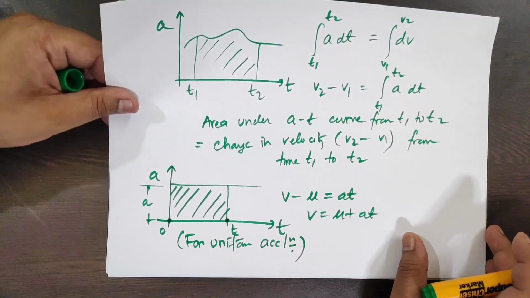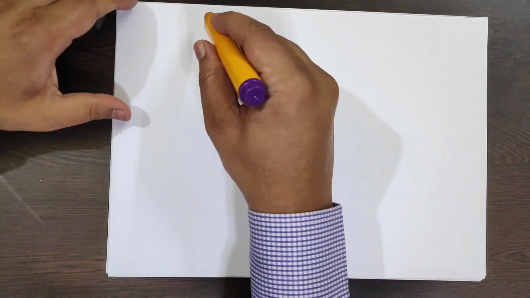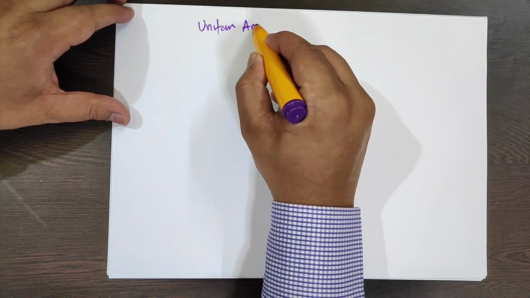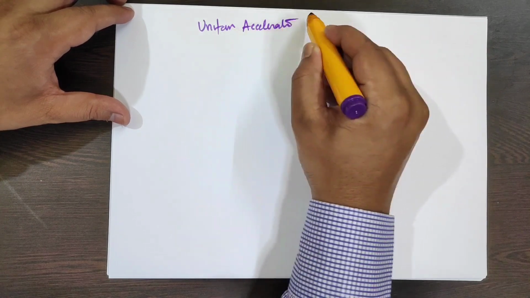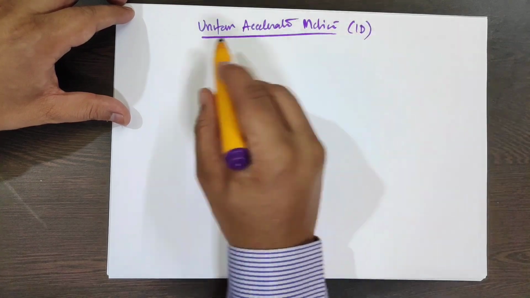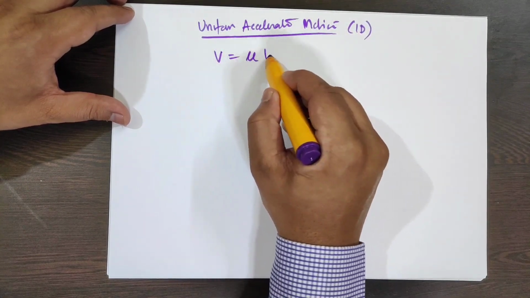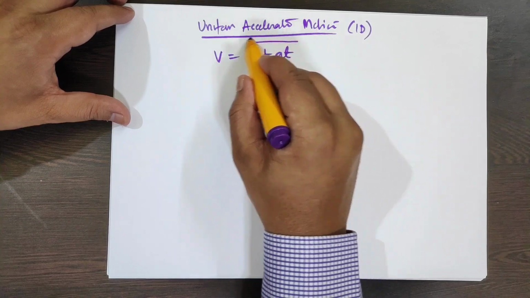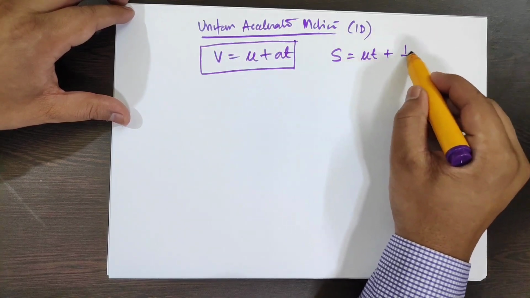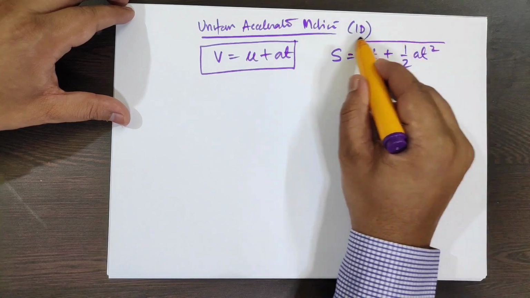Now, let us go back to constant acceleration motion. For uniform acceleration motion, obviously in a straight line, we have two equations: v equals u plus at, and the next equation for displacement, s equals ut plus half at square.